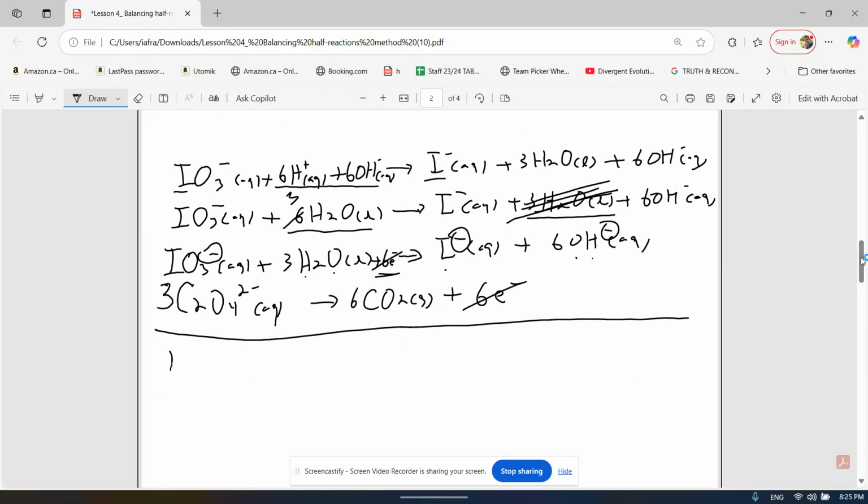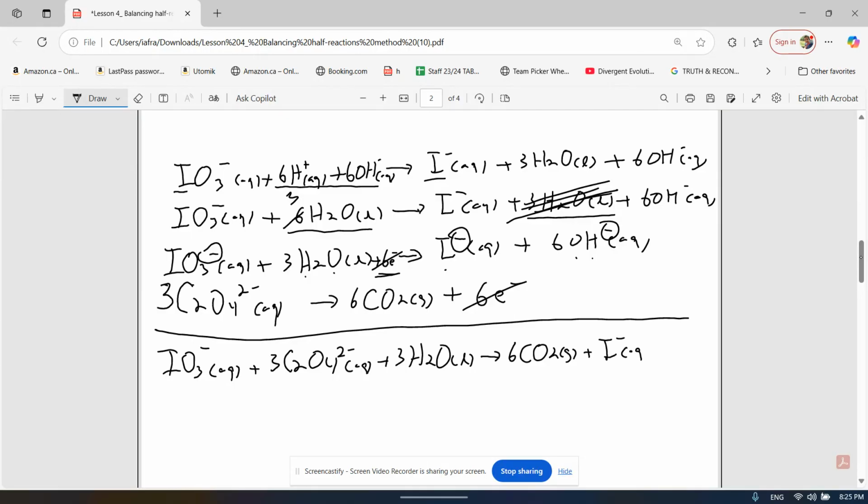And I'll get IO3- (aq) plus 3C2O4 2- (aq) plus 3H2O liquid produces 6CO2 gas plus I- (aq) plus 6OH- (aq).